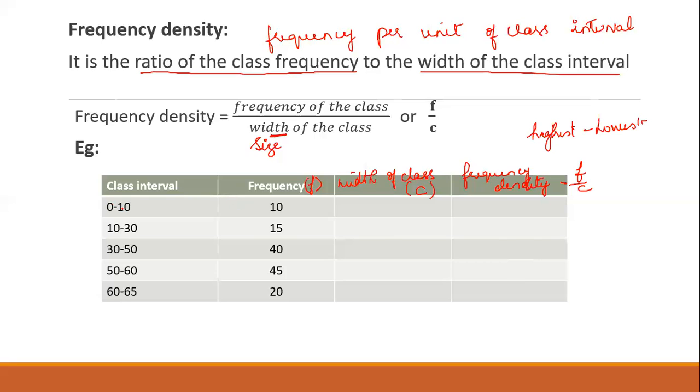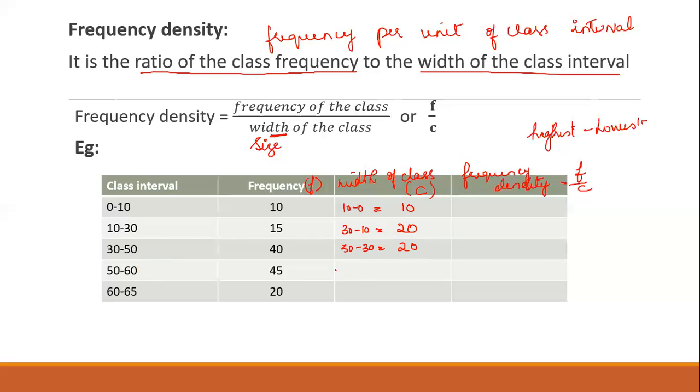So how to find it? It is 0 to 10, that means 10 minus 0, which is 10. 10 to 30, that is highest minus the lowest, 30 minus 10, which will give you 20. 30 to 50, that is 50 minus 30, it should be 20.